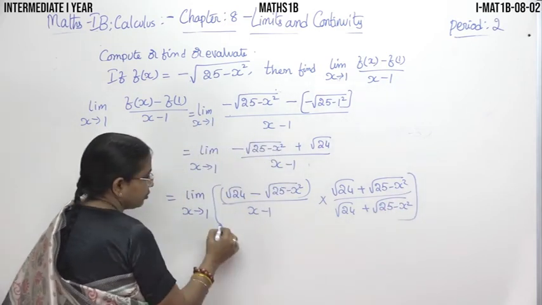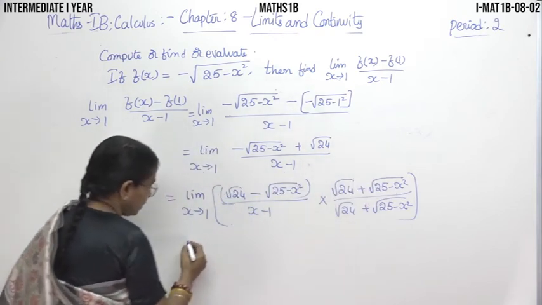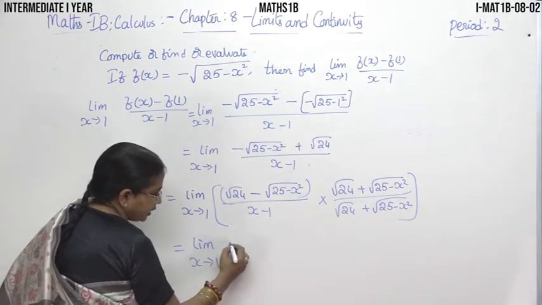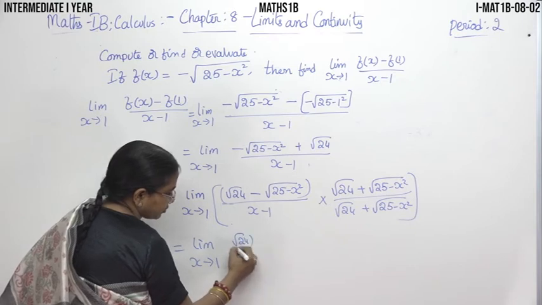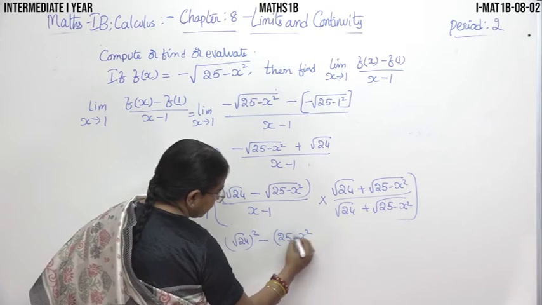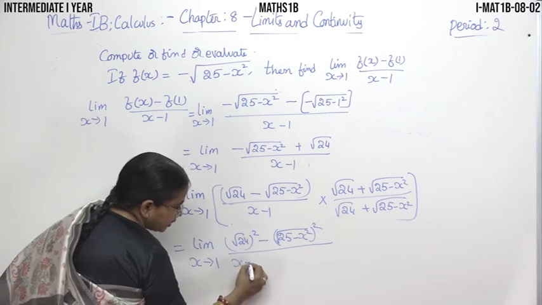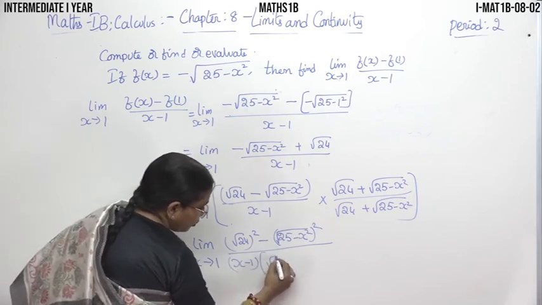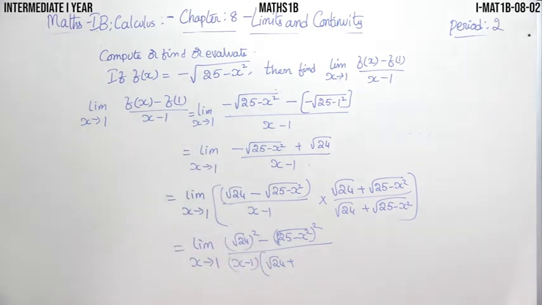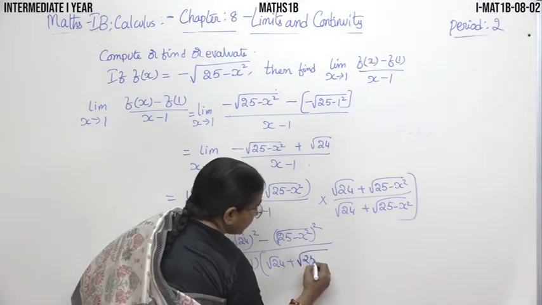So like this you have to do. Now this is in the form (a minus b)(a plus b), a square minus b square. So what is a square? a square is root 24 whole square, minus b square, which is root of 25 minus x square whole square, by (x minus 1) into (root 24 plus root of 25 minus x square).